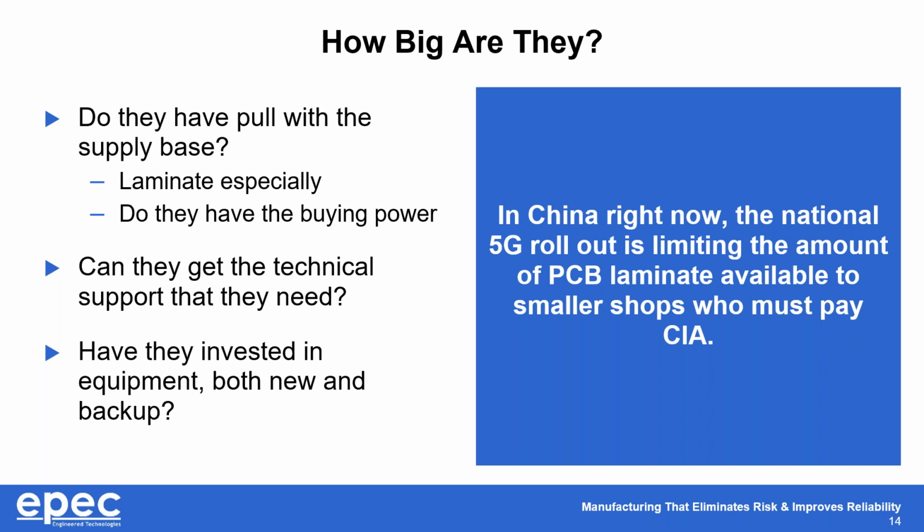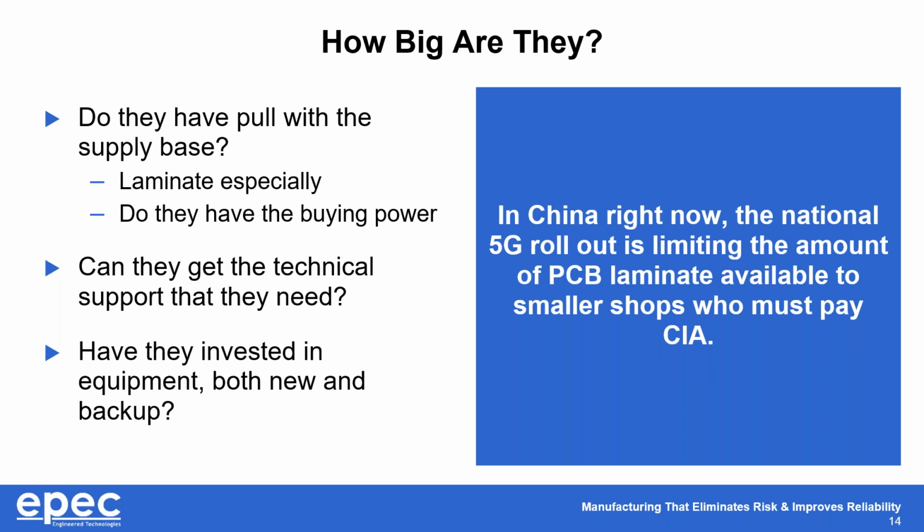And then have they invested in the right equipment, both new and backup? If you've got a critical piece of equipment like a plasma desmear unit, and it goes down, and now you've got to send everything to California to be hole prepped and surface prepped, that is a huge delay, and one that, even if it's only down for a day, can be a problem.